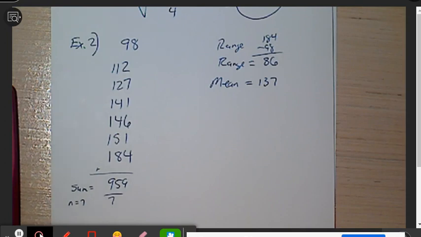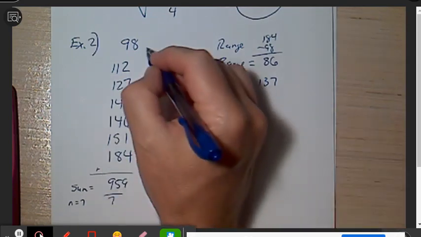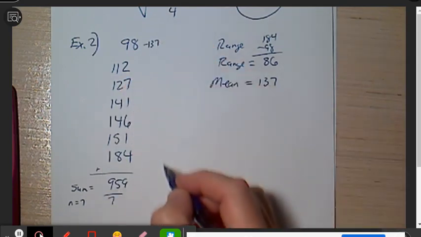Okay, so then for standard deviation, again, we're going to take each individual score we have, we're going to subtract the mean from that. So that's minus 137.